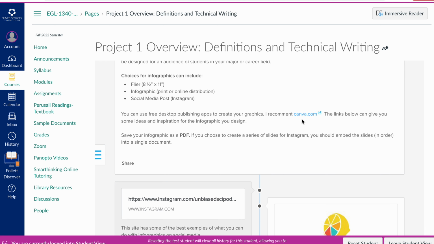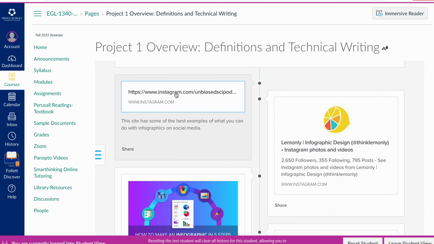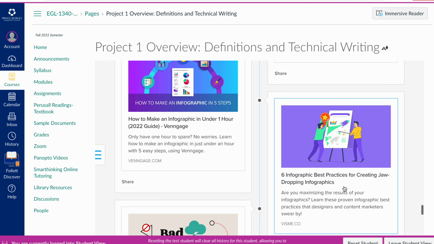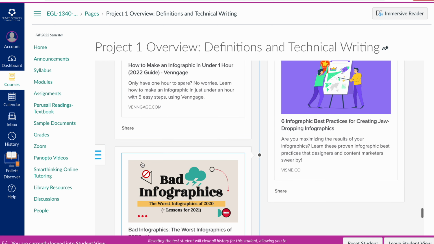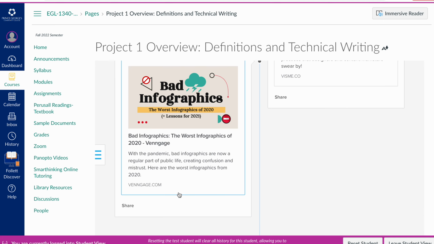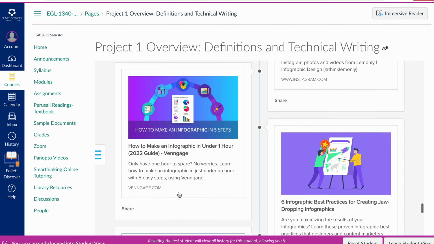It talks about recommending Canva, how you can do your infographic choices. It gives you a bunch of different ideas about how to make an infographic, best practices for infographics, and then examples of bad infographics. So if you're not sure what an infographic is, there's a lot of stuff here to help you figure that out.